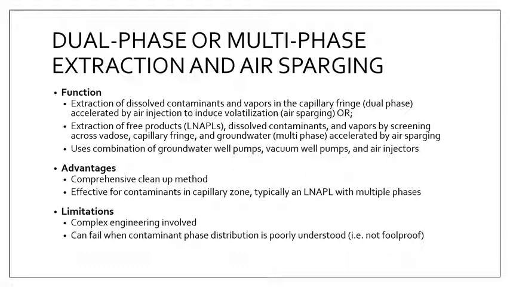All right, so it's a combined system, and the advantage of it is, of course, you get to remove all the contaminants in all phases. And it's effective for contaminants in the capillary zone, which is common for an NAPL.